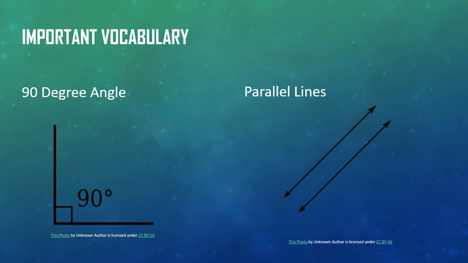The other vocabulary word that we are going to be using today is parallel lines. Parallel lines are two lines that are next to each other that will never ever touch. So if I extended either of these lines forever into space, these two lines would never ever touch.